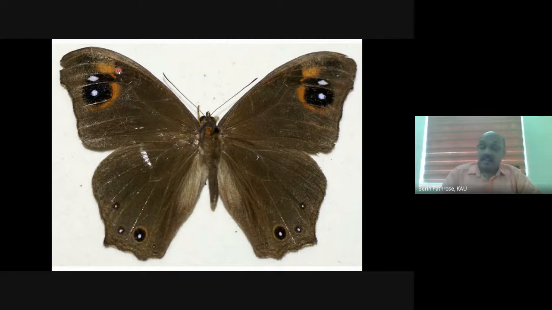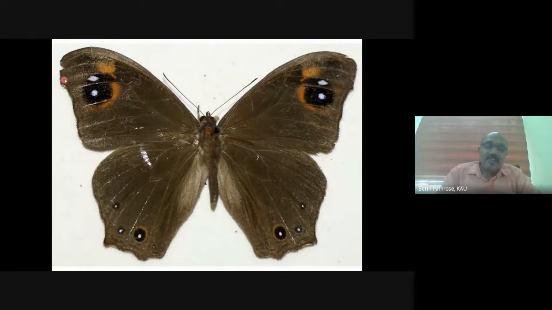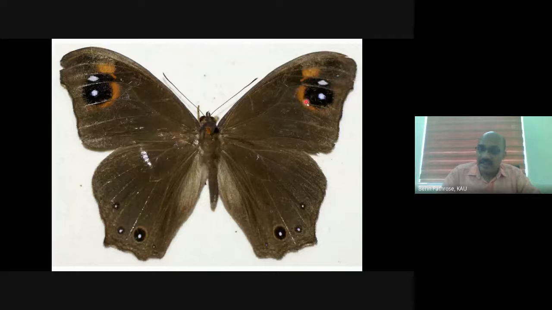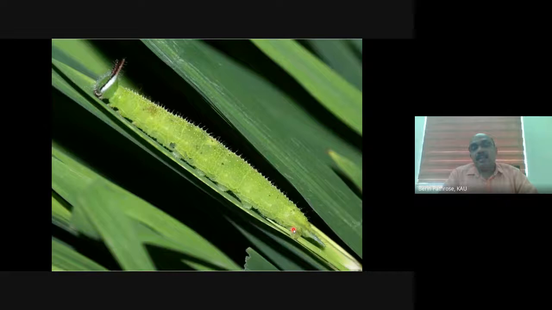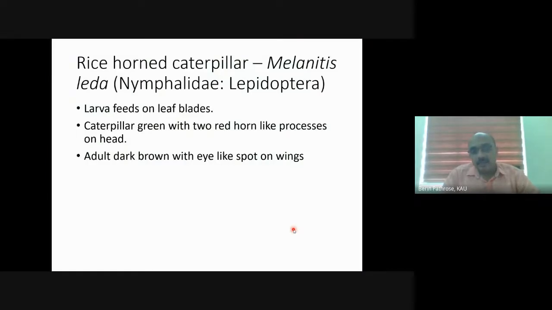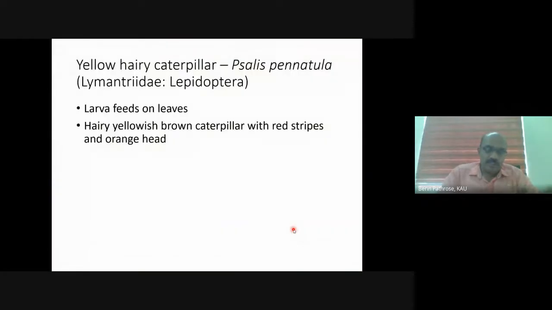It usually gets attracted to light. These wings have eye-like markings on the forewing as well as hind wing. So that is typical of rice horned caterpillar, Melanitis leda. Again, it is a minor pest. Larvae feeds on the leaf.